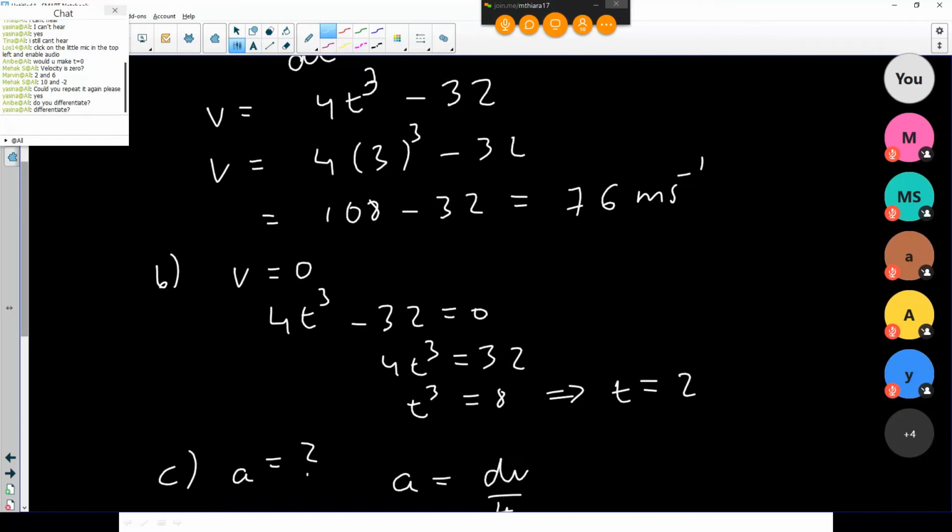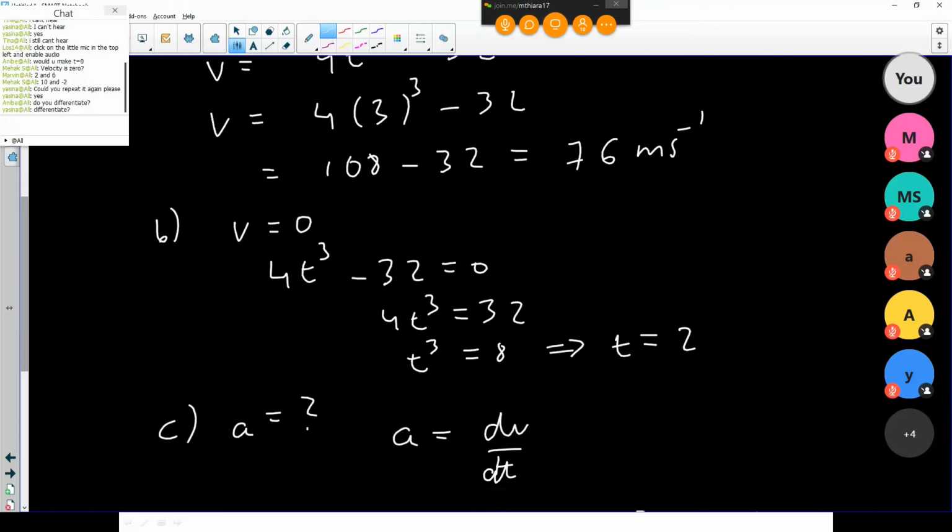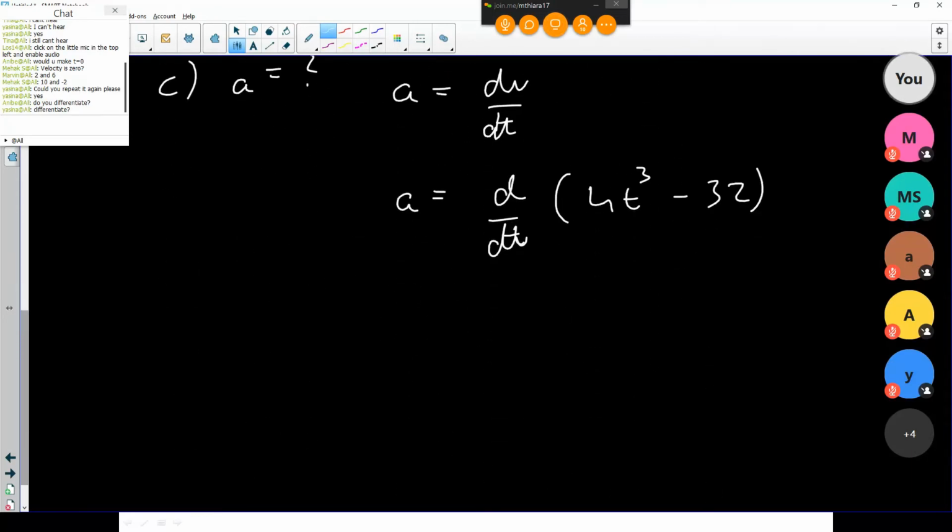V was equal to 4t cubed minus 32, and therefore if I differentiate this expression here, I'm going to get 12t squared. So acceleration is 12t squared. And then I wanted acceleration when t was equal to 1.5.